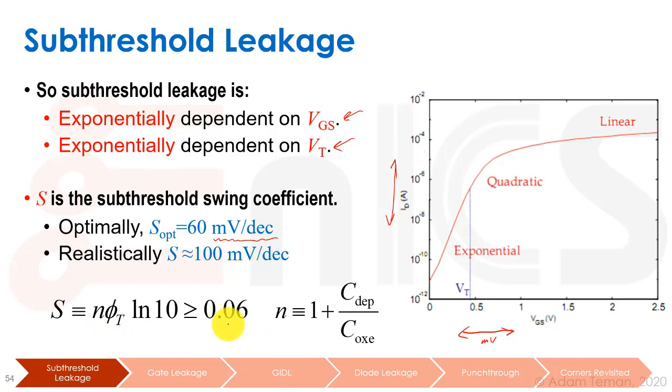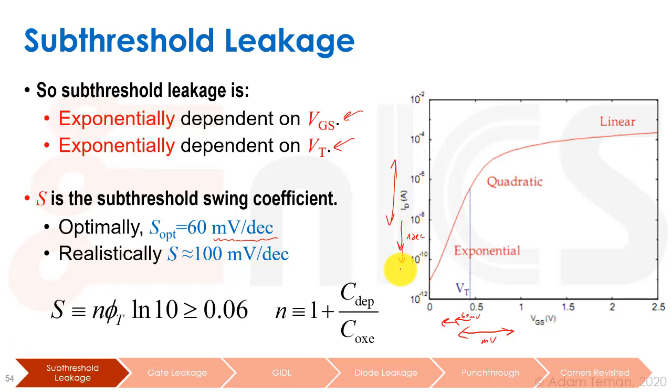Okay, so that's the optimal S we can get. Our optimal subthreshold swing is 60 millivolts per decade. That means that if we move 60 millivolts under VT, our current is going to go down 1 decade, or times 10, right? 120 millivolts, we're going to go down 2 decades, and so forth.